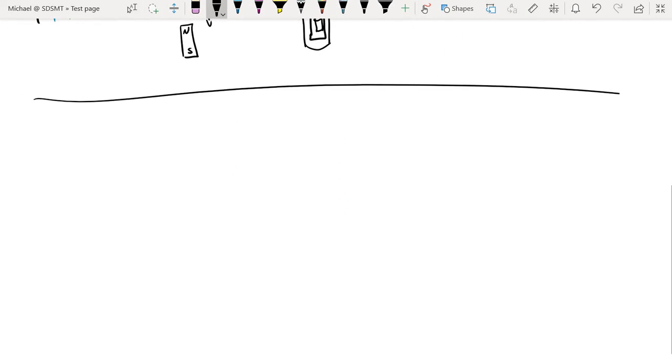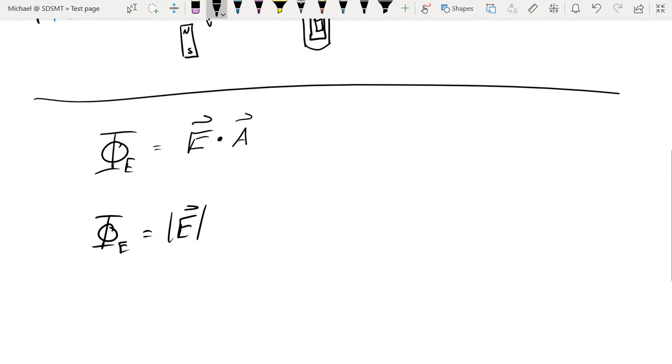It's very similar to the idea of electric flux. Back in chapter 23, we defined electric flux as the amount of electric field that passed through a given surface area. And there was an angle relationship involved.